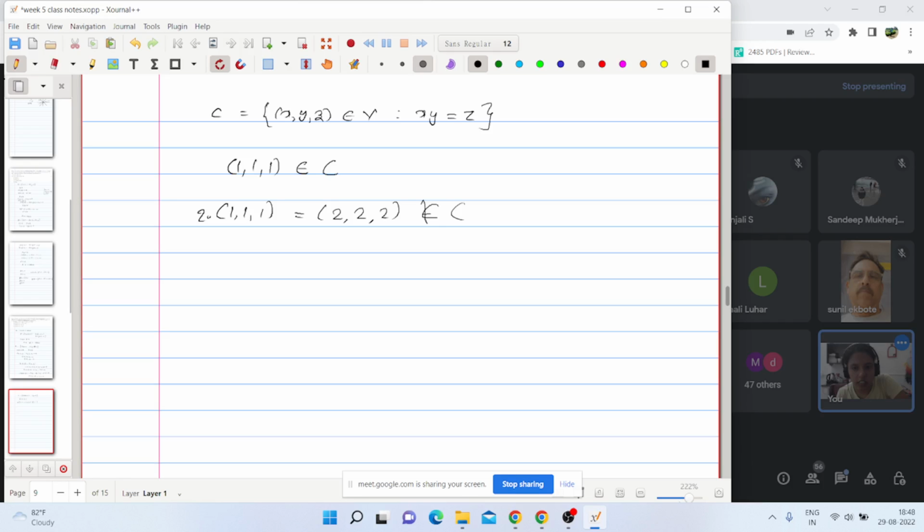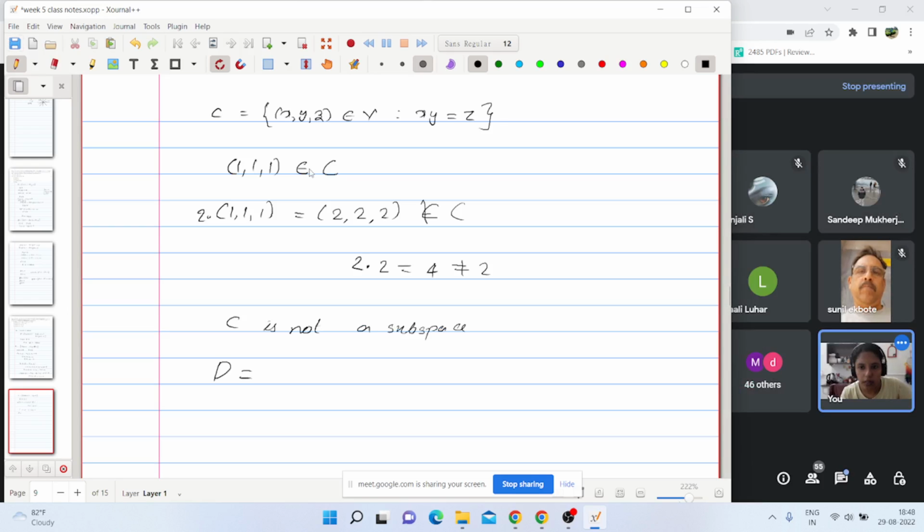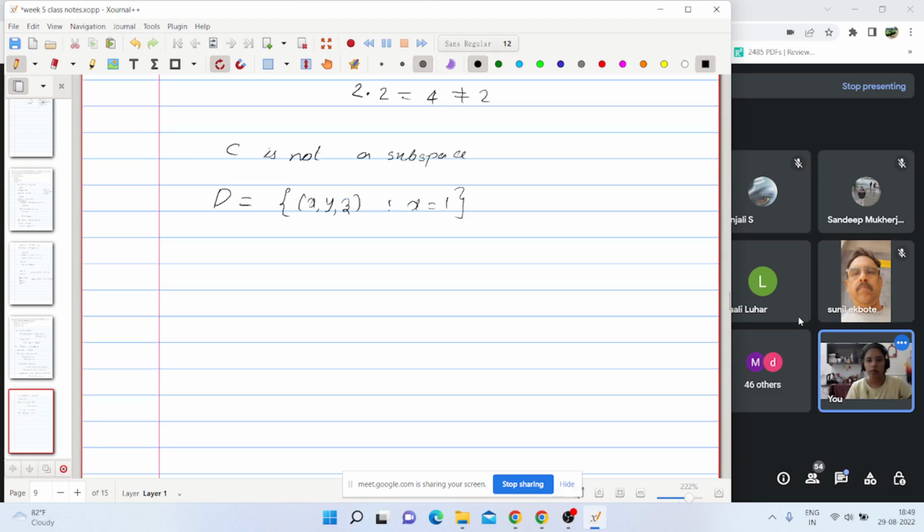Now, let us move to the fourth one. The fourth one is the set of all x, y, z such that x equals 1. What about this one? Is this a subspace or not?